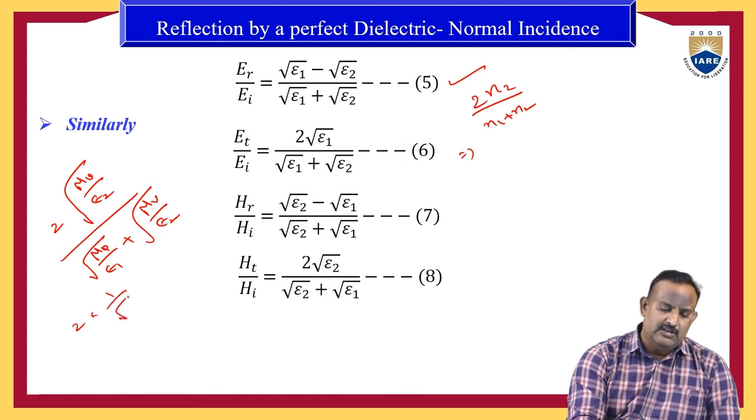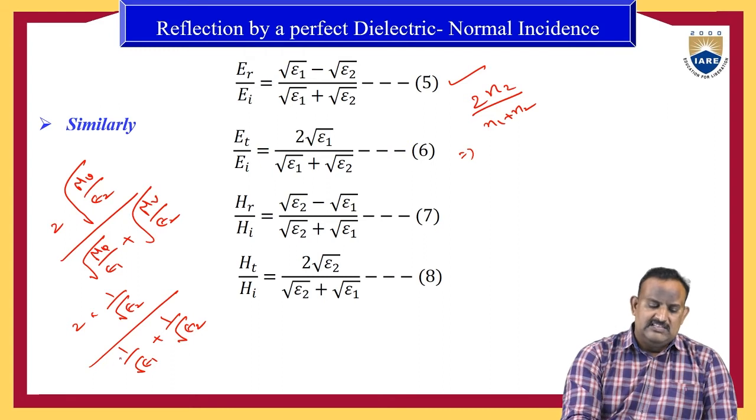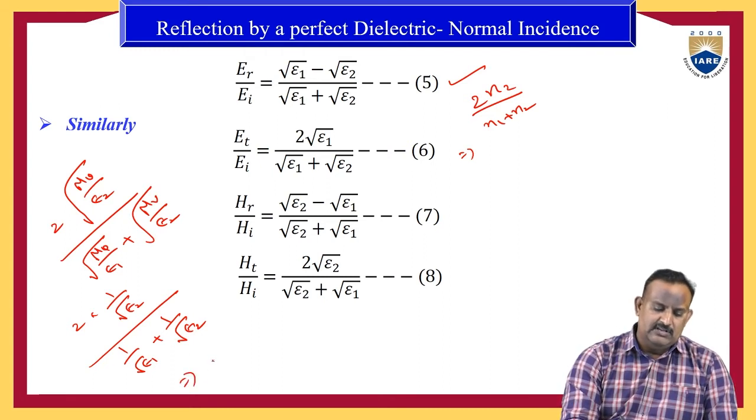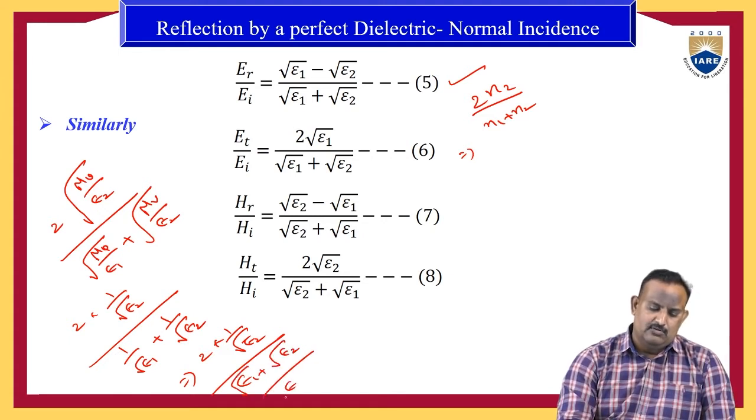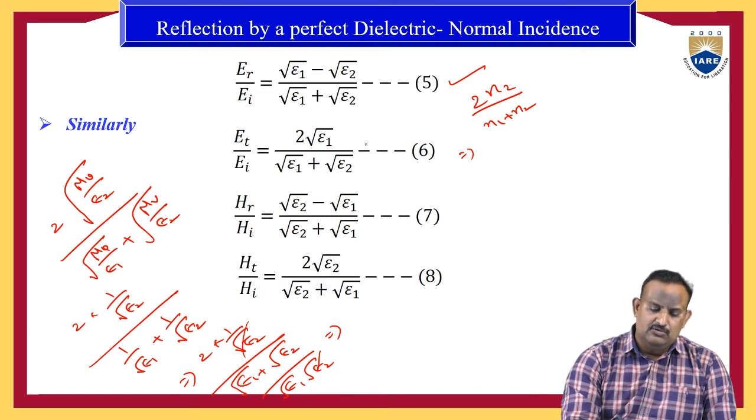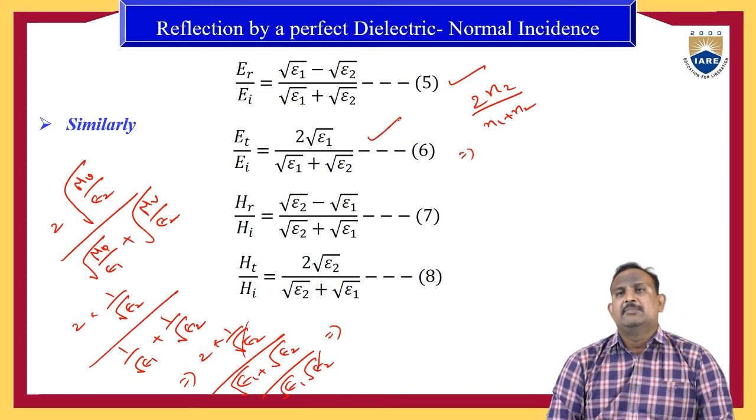Therefore, 2 into 1 by root epsilon 2, by 1 by root epsilon 1 plus 1 by root epsilon 2. Take the LCM and simplify. It is 2 into 1 by root epsilon 2, by root epsilon 2 plus root epsilon 1 by root epsilon 1 into root epsilon 2. Root epsilon 2 cancels out. Therefore, the equation becomes 2 root epsilon 1 by root epsilon 1 plus root epsilon 2.